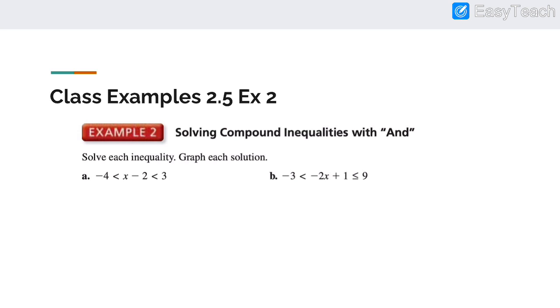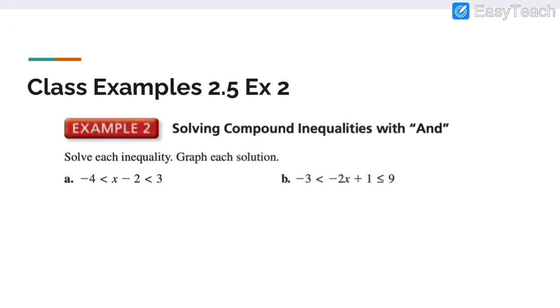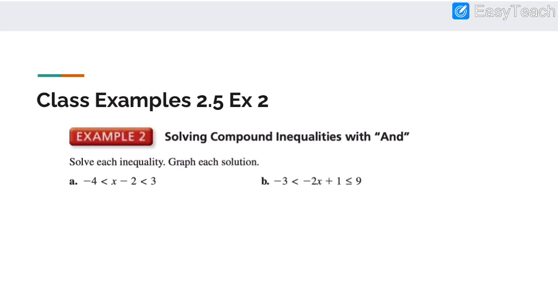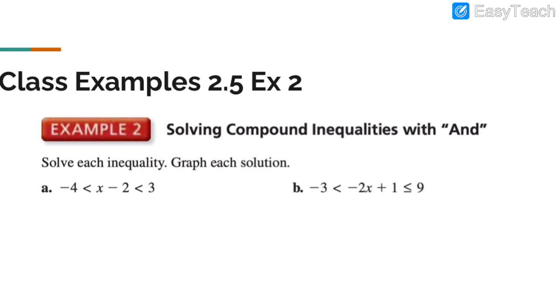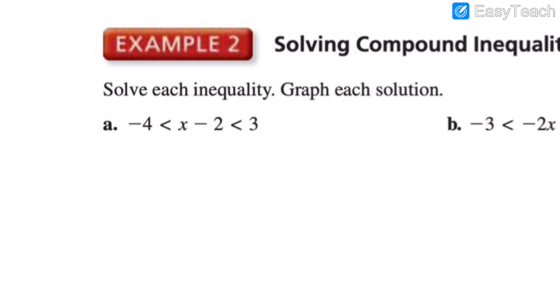All right, so then sometimes you're going to have to show these where you have to solve them more. So I'm going to zoom in on one at a time, but we'll work through these together. The one on the left, to solve this one, you'd have to add 2 to both sides.